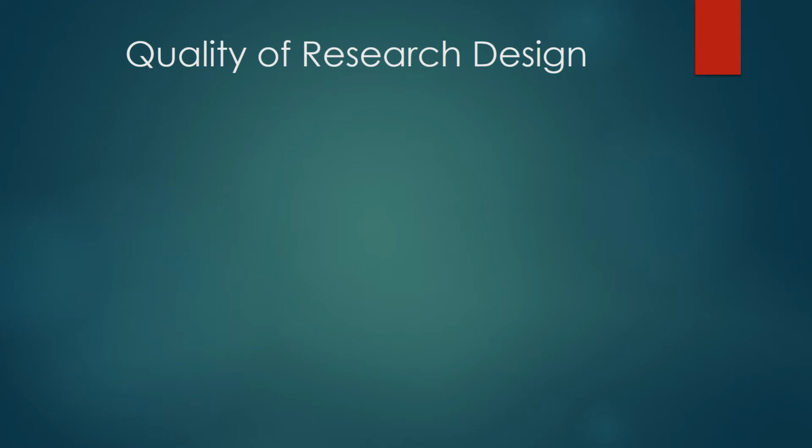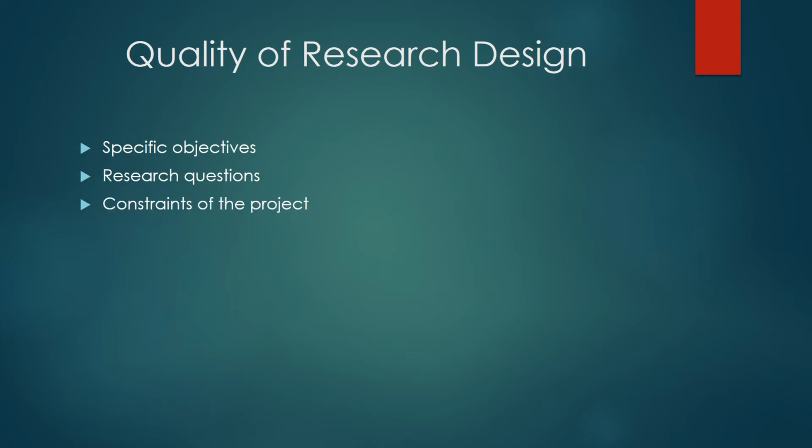So let's move to the quality of research design. The quality of research design depends on the following factors. Number one, we have specific objectives, research questions, constraints of the project, sampling design, measurement, and data analysis.